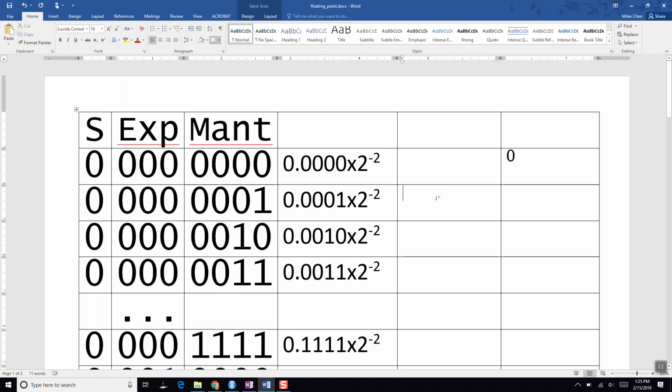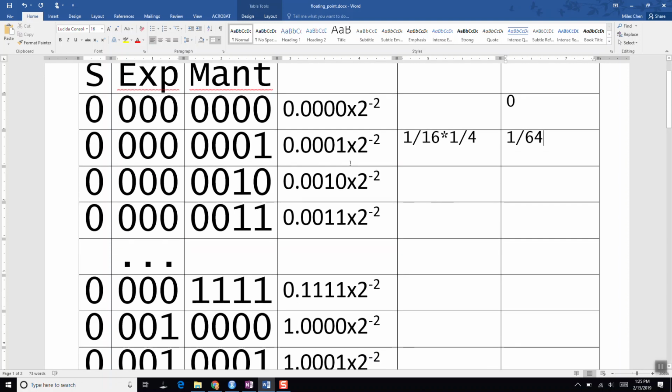This is our smallest positive denormalized value that we can have, and so this is equivalent to 1/16 times 1/4, and this is 1/64. So we've covered this already, right? So this is what we have. 0.0001 is 1/16. 2 to the negative 2 is 1/4.